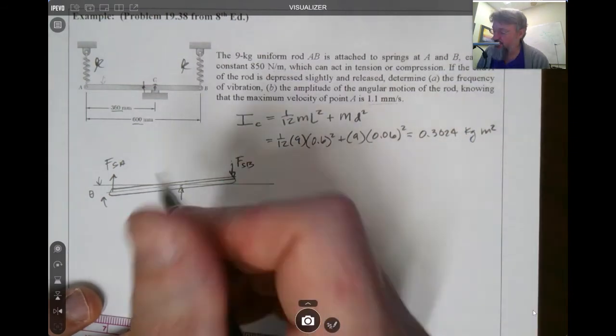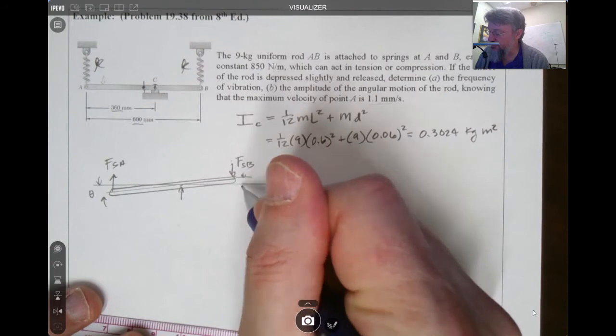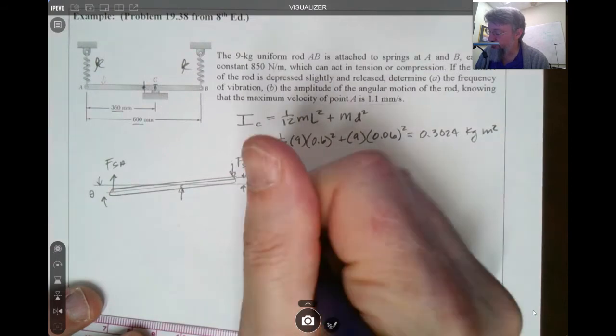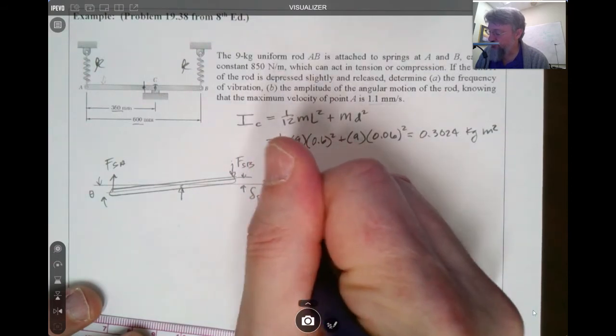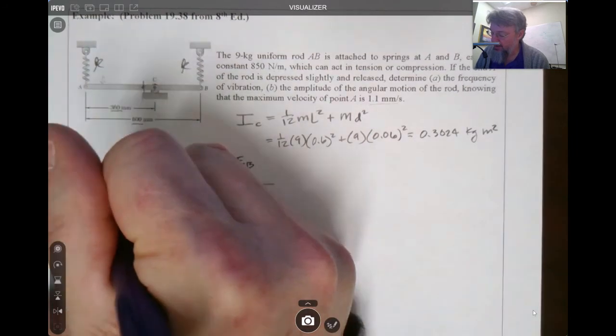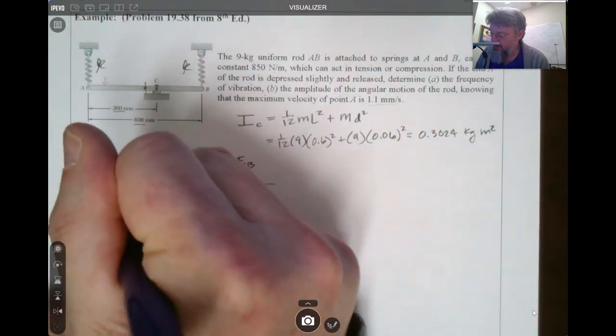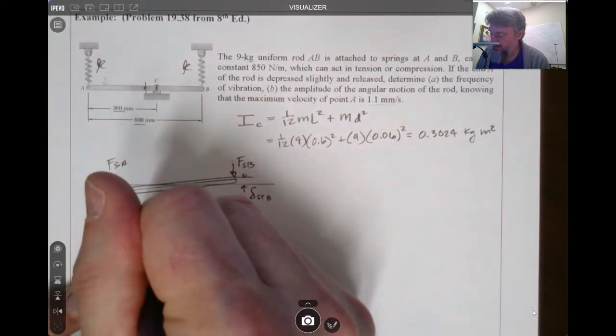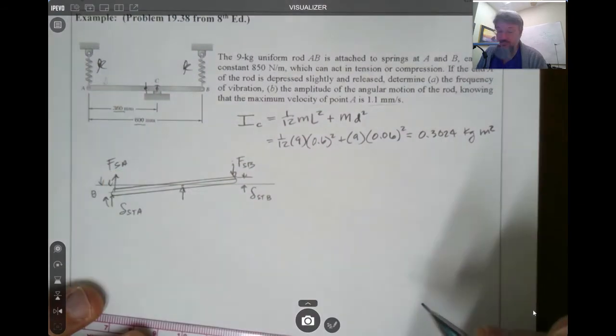Yeah, and I also decided that this right here was the static deflection at B, and this distance right here, sorry about that, is the static deflection of A.